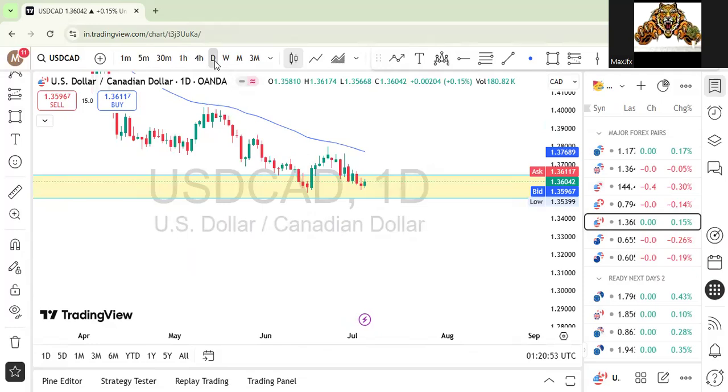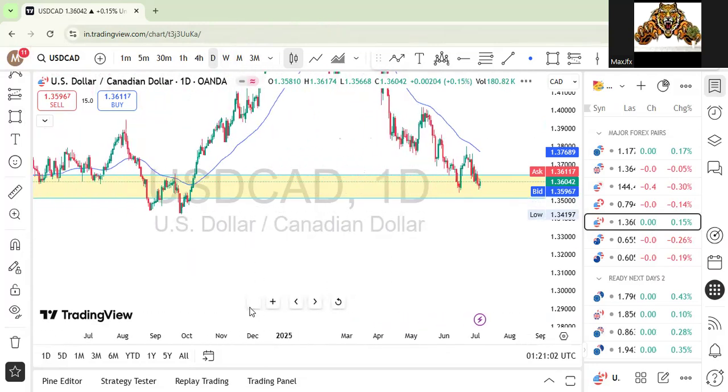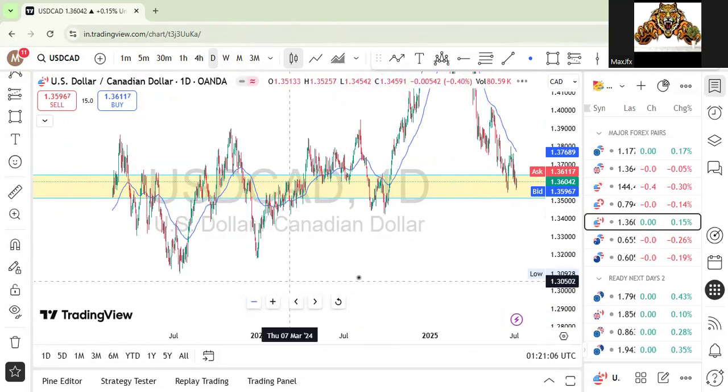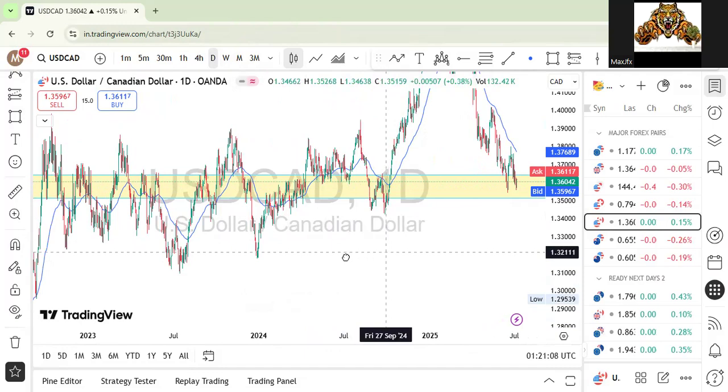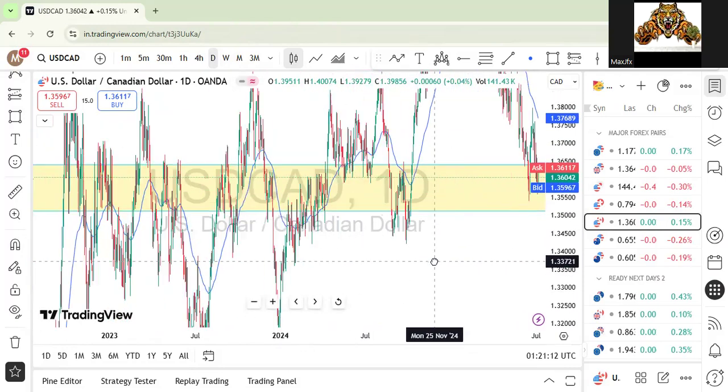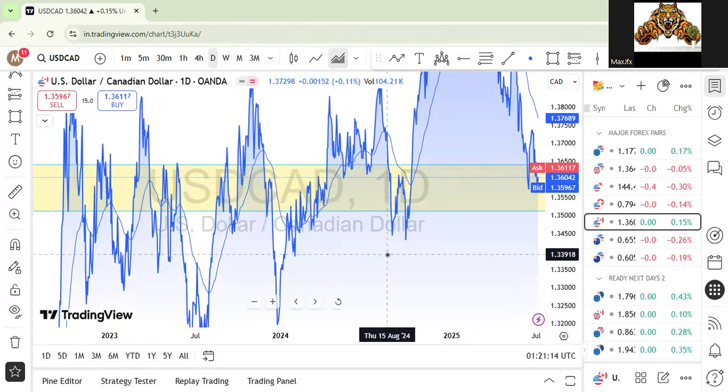So let's see for another clear zone in the weekly. So another zone in the weekly, inside the zone.